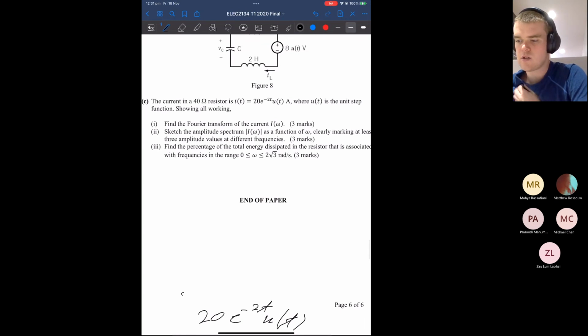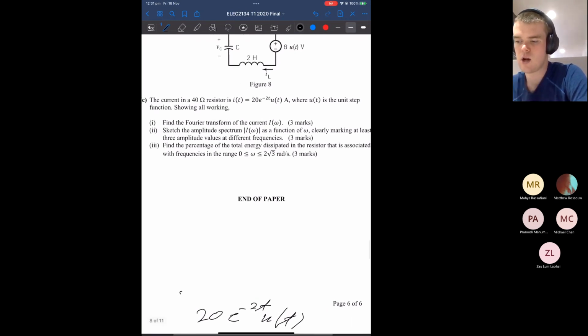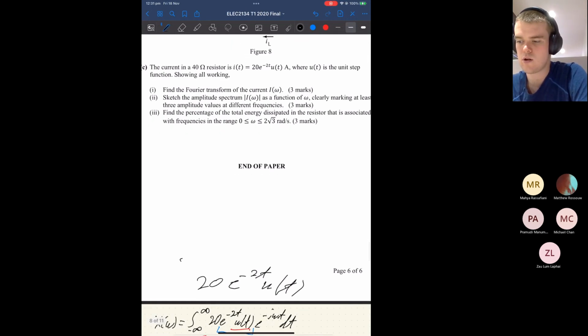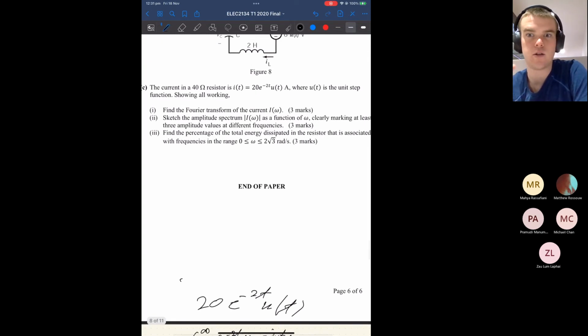And then find the percentage of the total energy dissipated in the resistor that is associated with the frequencies in the range of 0 to omega equal to root 3. Okay. Now, do we remember how we deal with power in the frequency domain? Is it like Parseval's? Parseval's.